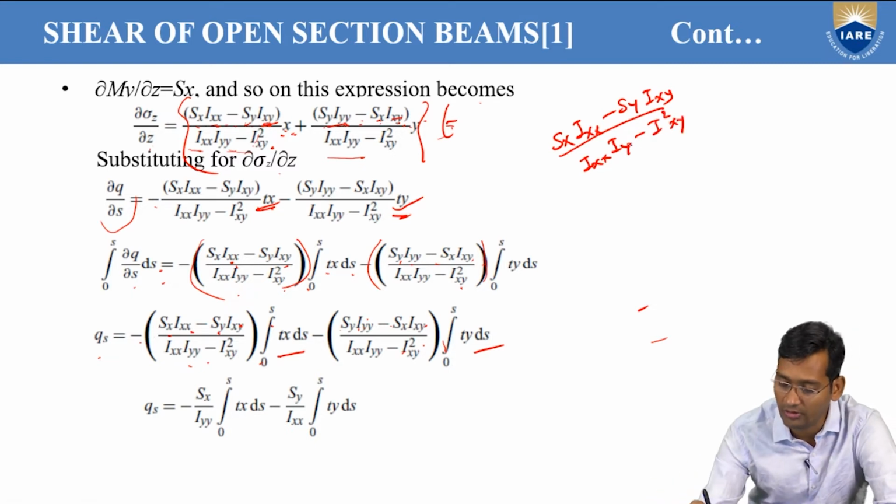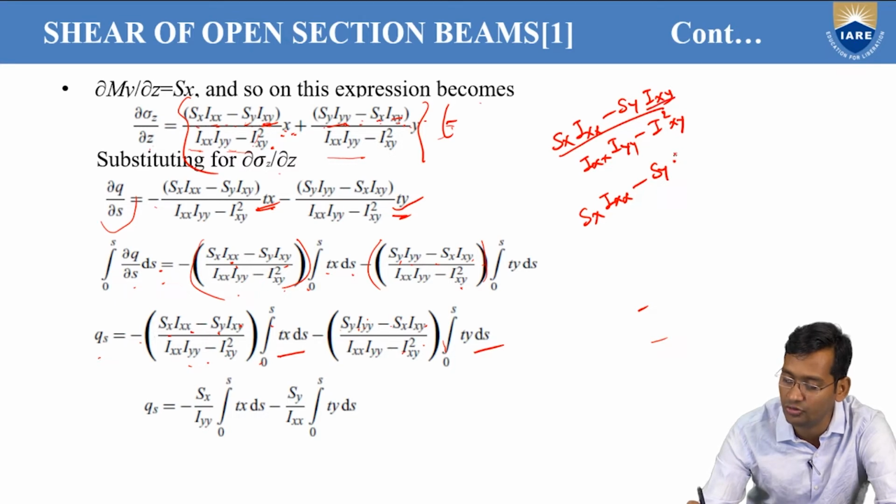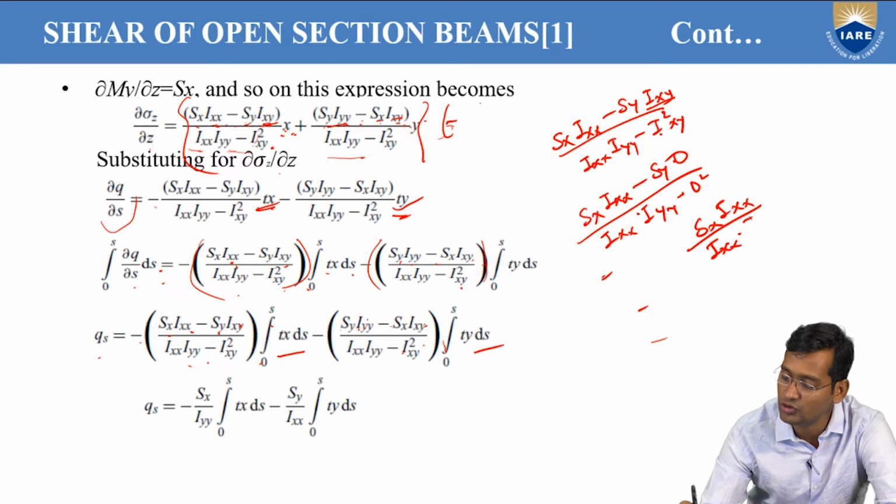Now we are putting Ixy as 0. So Sx Ixx minus Sy into Ixy, which is 0, divided by Ixx into Iyy minus I square xy, so 0 square, that is 0. So from here we can write Sx Ixx by Ixx into Iyy. So now Ixx cancels.